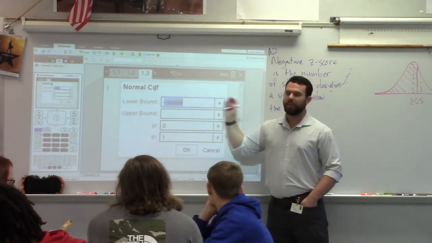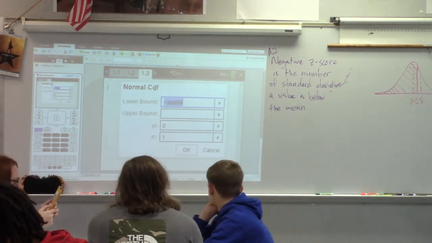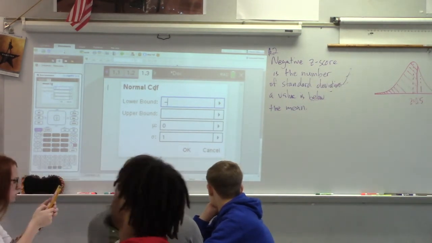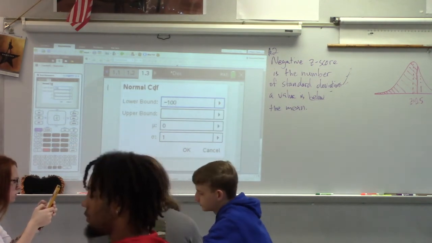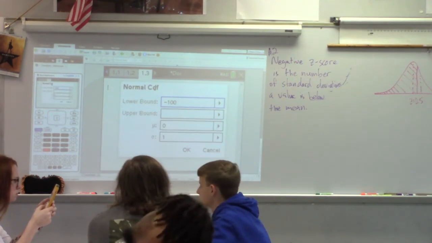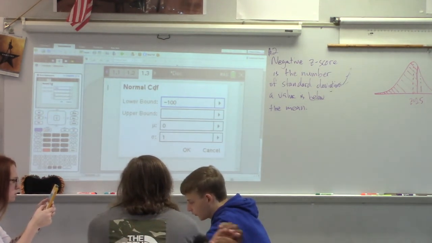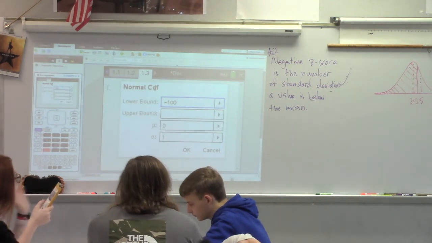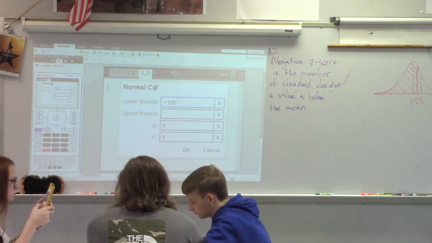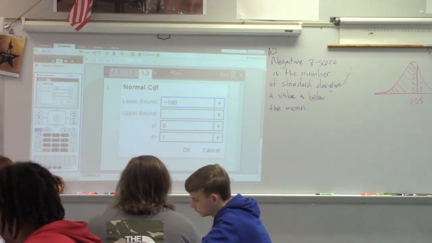So if it continues forever to the left, you can type like negative 100 in, or negative 1,000, or whatever. It'll be fine, because realistically, what is the lowest z-score we've been looking at, for the most part? -3, right? So going -100 is well beyond that, you're fine.